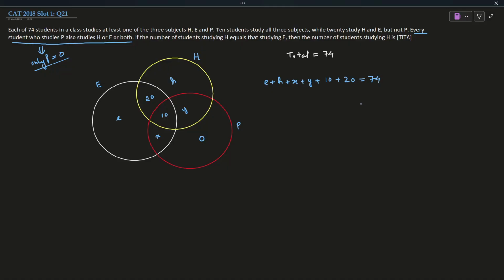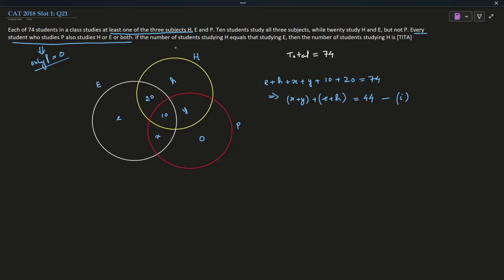I can say this because everyone must study at least one of the subjects, so no one lies outside the circles. From here, X plus Y plus E plus H is equal to 74 minus 30, so this will be 44.